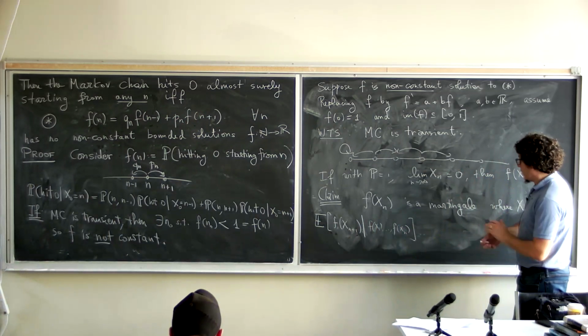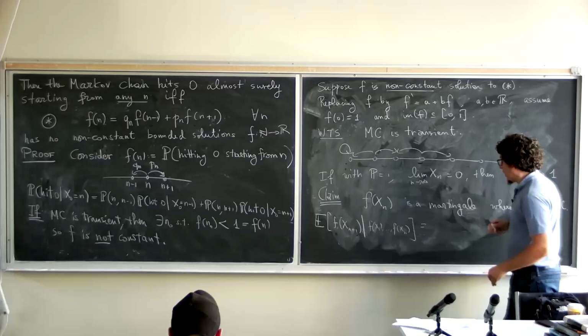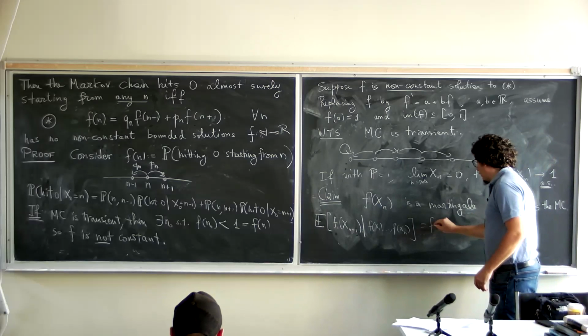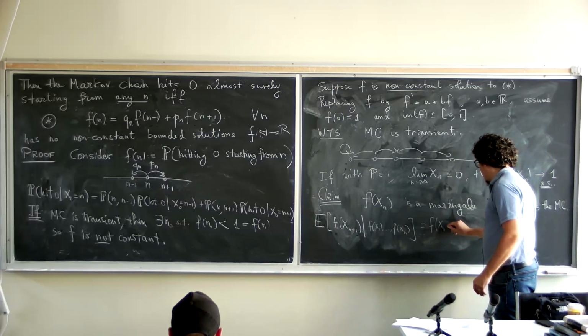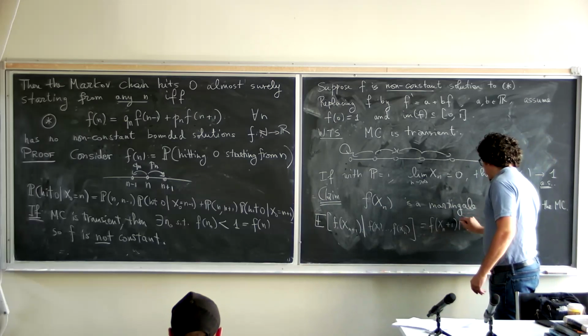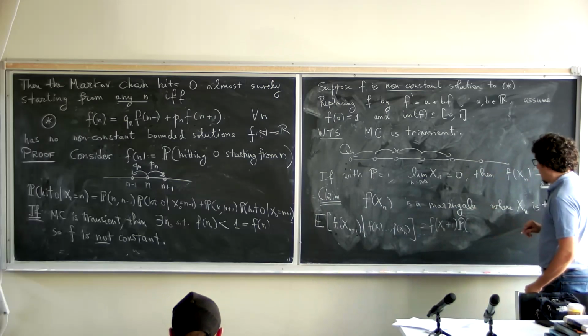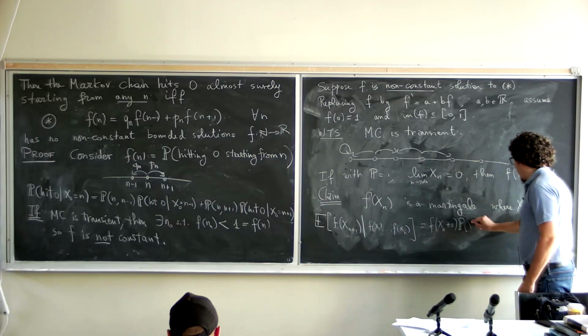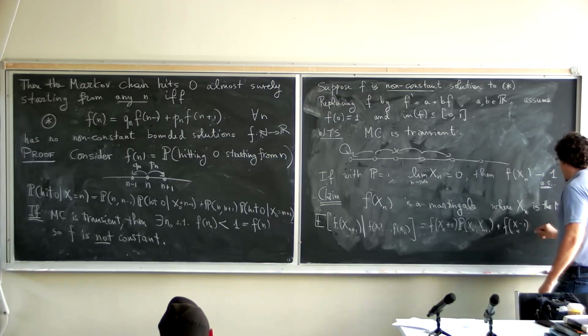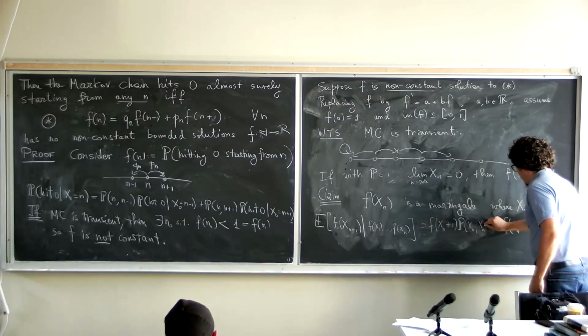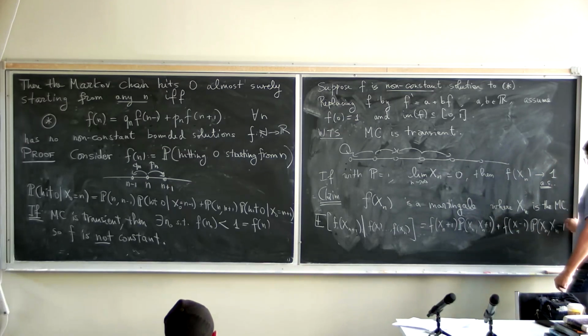So this is basically f of xn plus 1, that's the probability of going from xn to xn plus 1, plus f of xn minus 1 times the probability of going from xn to xn minus 1.